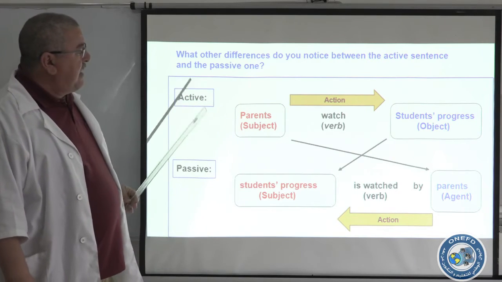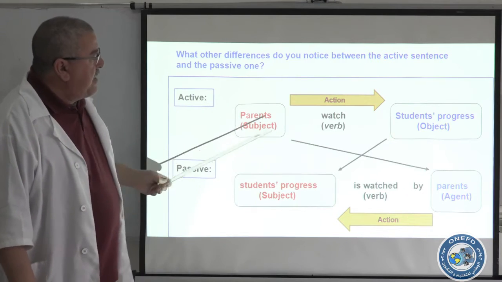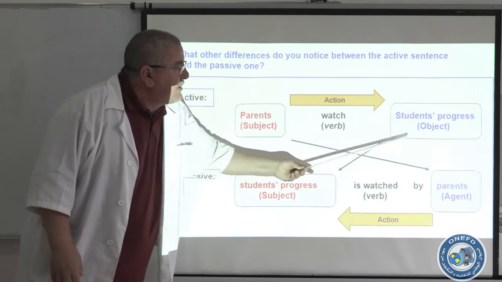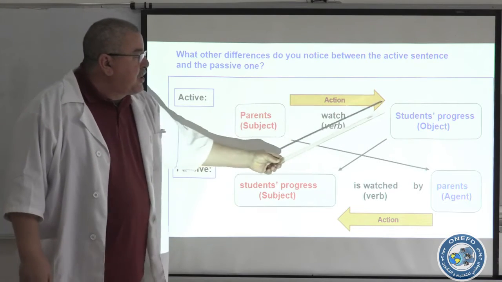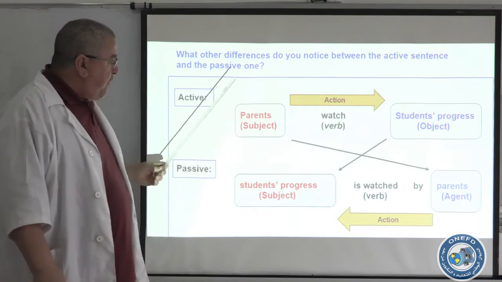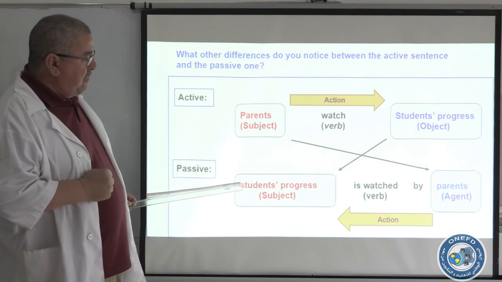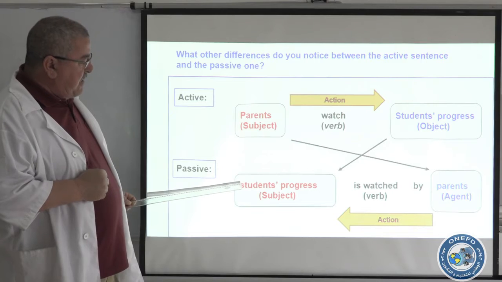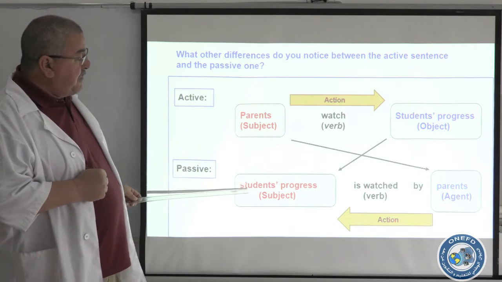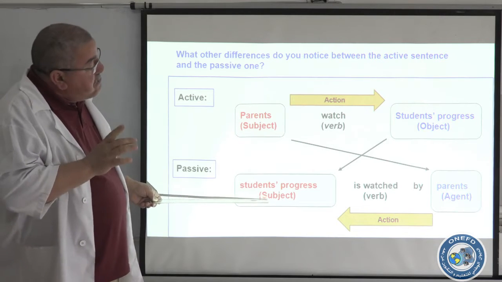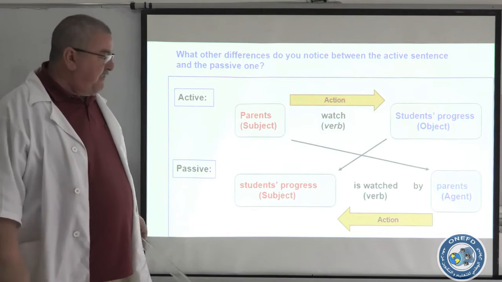And here you will see how the object in the active sentence is brought to first position when we want to transform that into the passive sentence and position it in the beginning of the sentence. It becomes the subject, but a subject which does not act, we said it is passive.